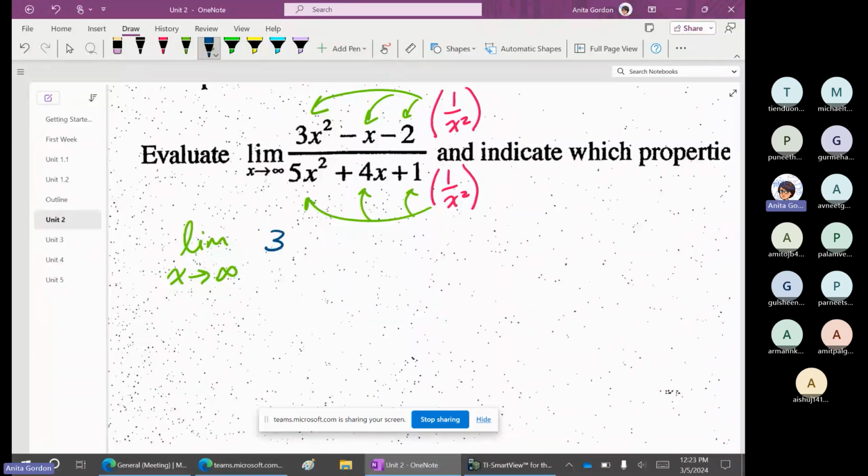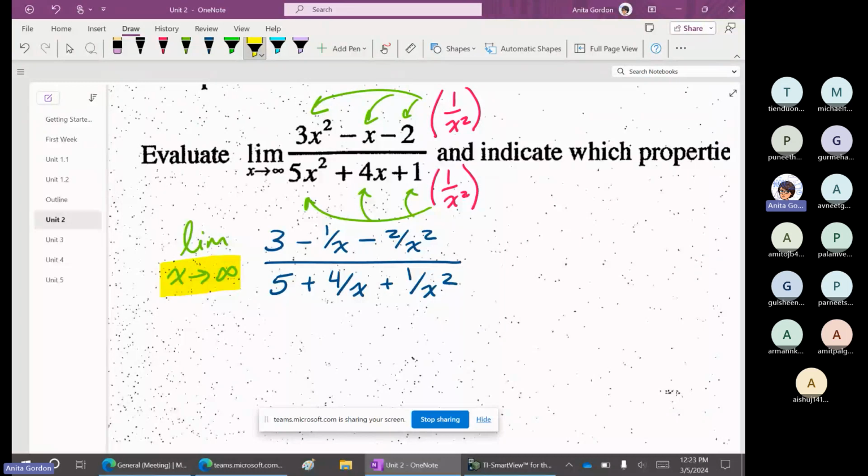3 minus 1 over x minus 2 over x squared. Good. Okay, denominator. 5 plus 4 over x plus 1 over x squared. It looks a little bit uglier, but think of it this way. What happens when we have a denominator that gets incredibly big? What happens to a term?